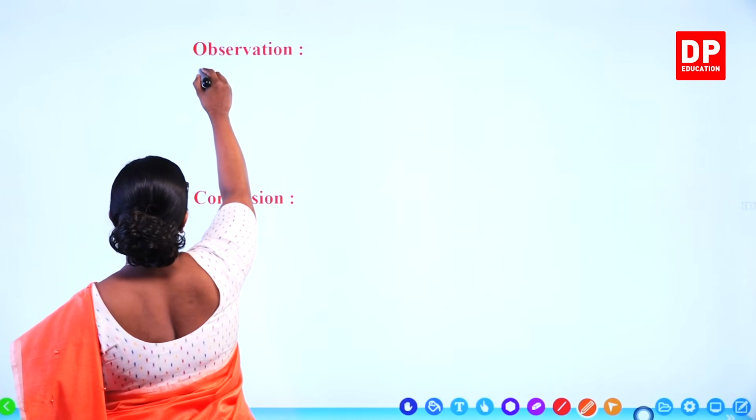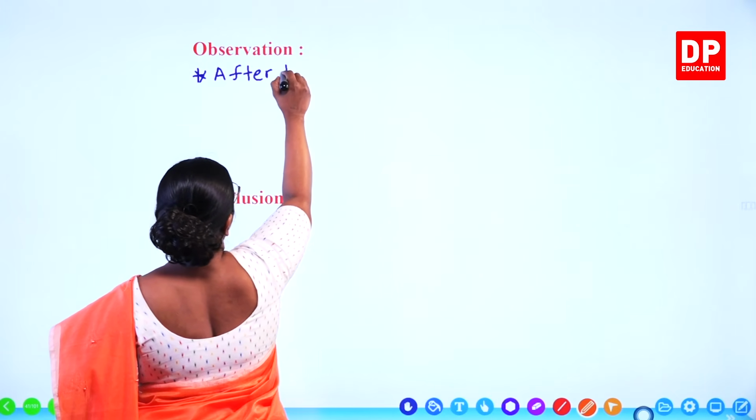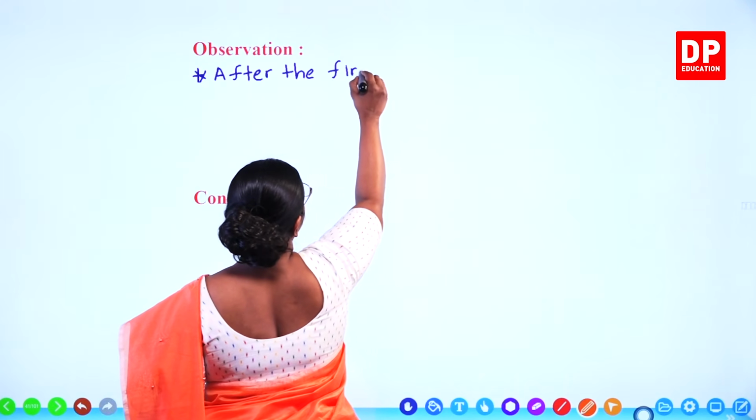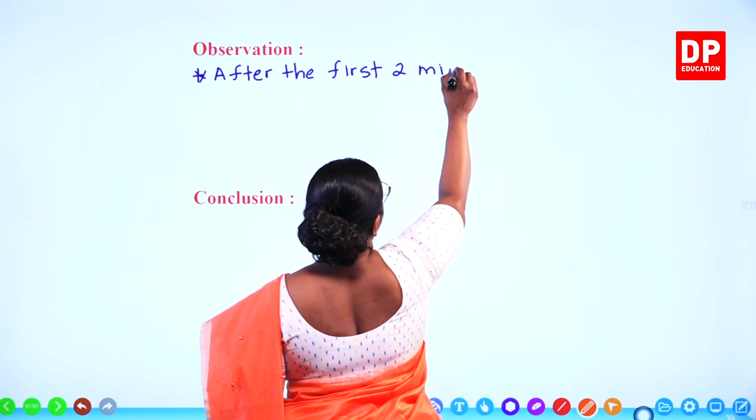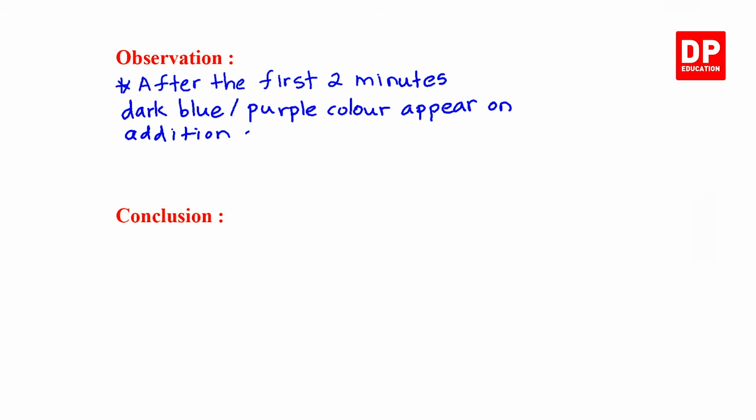So if I write down the observations: after the first 2 minutes, dark blue or purple color appears on addition of iodine to the mixture.